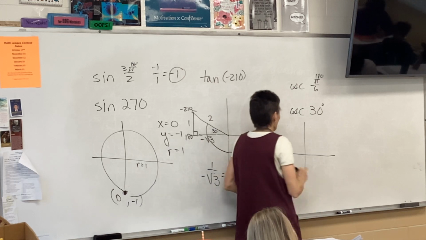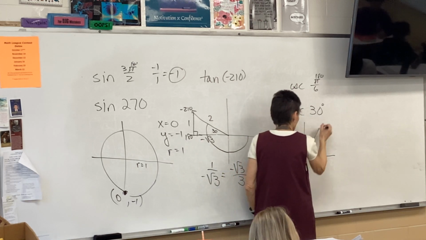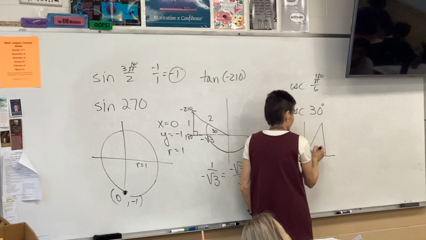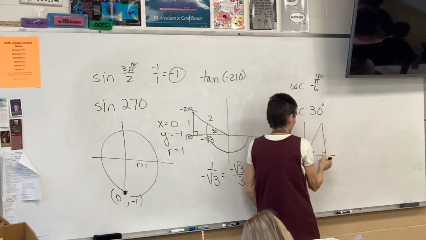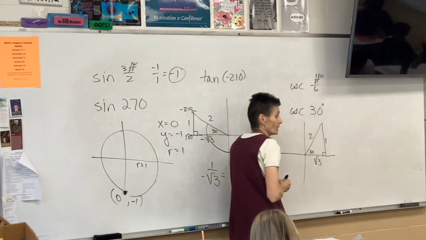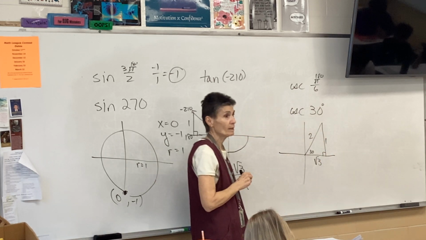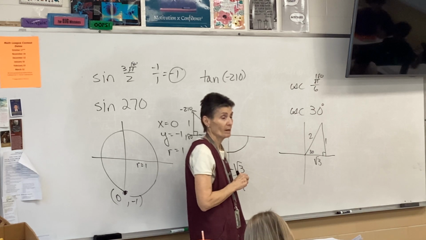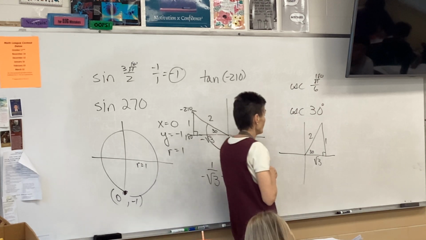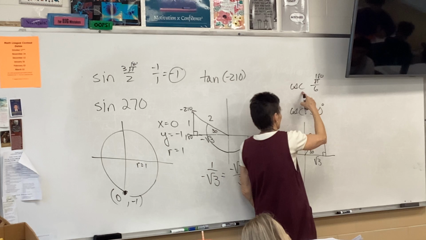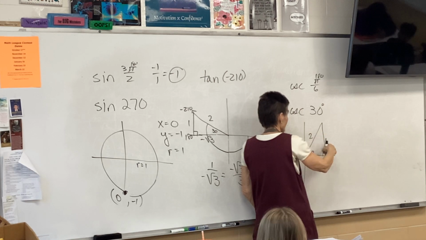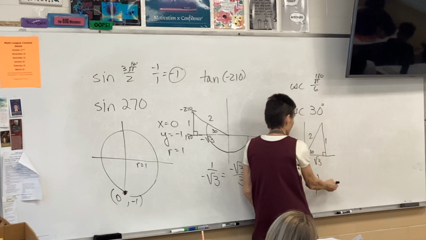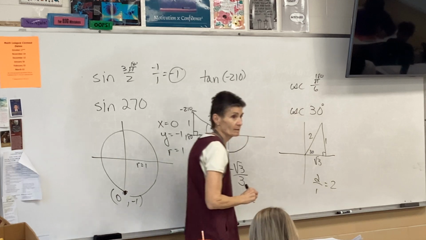Okay, 30 degrees is here. Again, you've got 1, root 3, and 2. And because I'm in quadrant 1, the whole shebang is positive. Cosecant is the reciprocal of sine, so it'll be hypotenuse over opposite. The answer is 2.